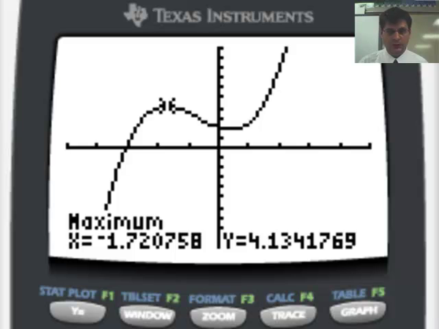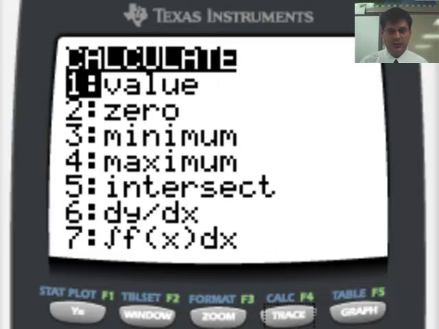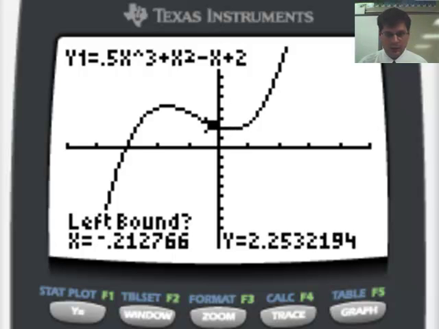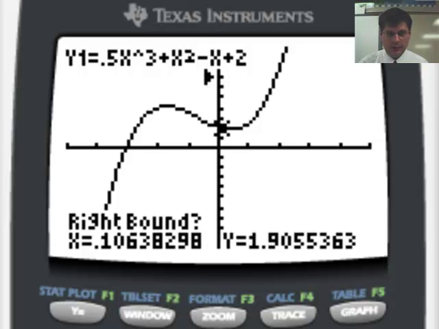And now I'm going to find my local minimum. So we'll go under second calc, but this time we're going to select option 3. And we'll set our left boundary on this guy and press enter. That went a little bit too far. I'm going to backtrack just a bit. And then my right boundary.